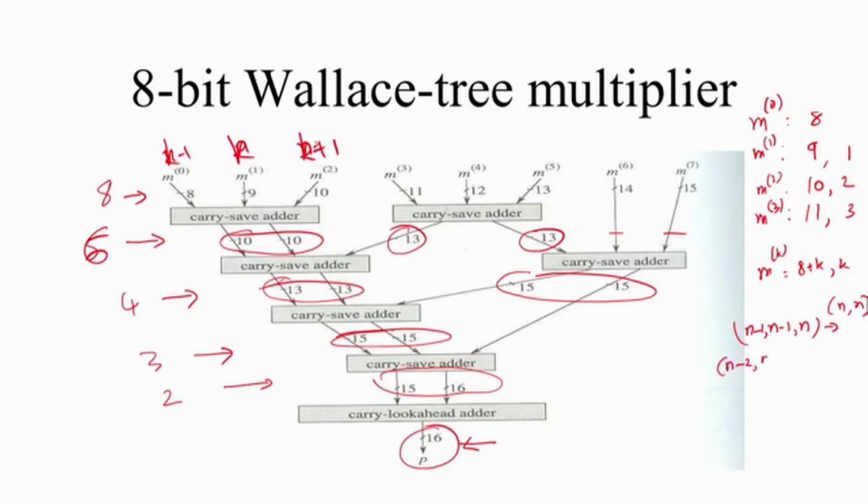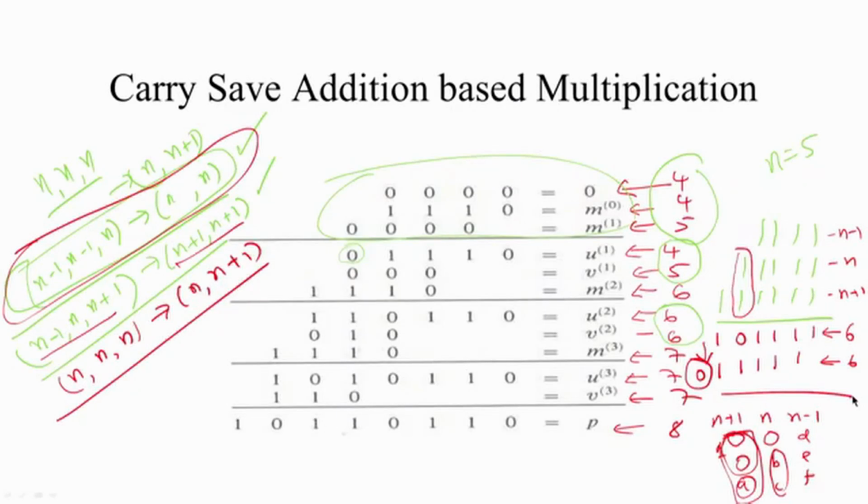I can just write it as n-2, n-1, n will also give me n, n, right, both mean the same. And n and n will give me n comma n plus 1. I think these are the three formulas that we need to keep in mind.